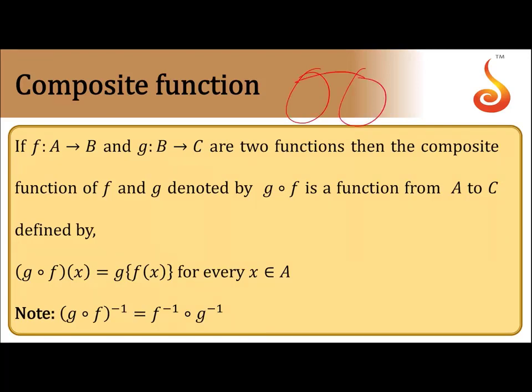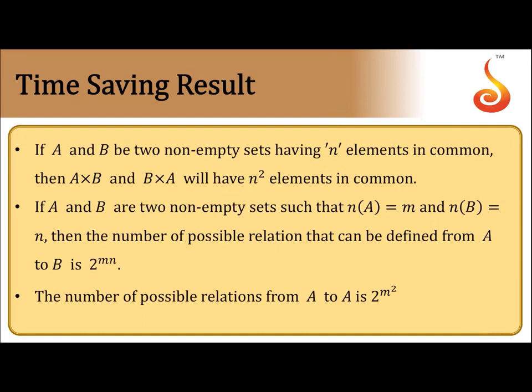Composition of a mapping means: if f is a mapping from A to B and g is a mapping from B to C, then the mapping g circle f is from A to C. So g circle f from A to C exists. That's called composition of a mapping, g circle f of x.